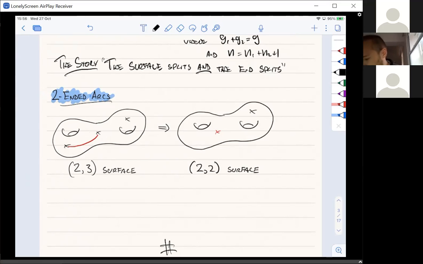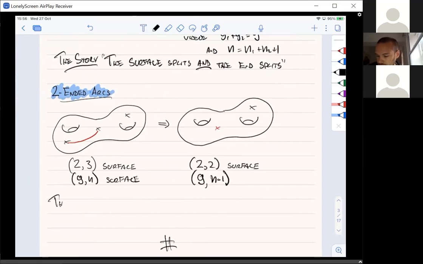Okay, so the general rule here, you have a GN surface, and what does it go to? The genus stays the same, and the number of punctures gets reduced by 1. So our story that we're going to tell ourselves here is that the 2 ends, because this is a 2-ended arc, remember, so there's always 2 ends, are fused.